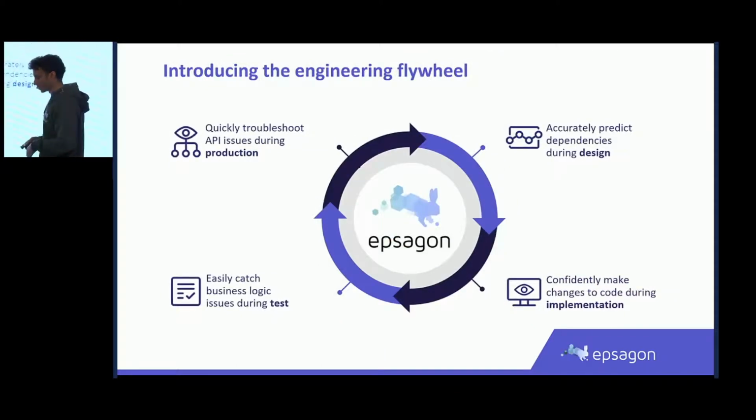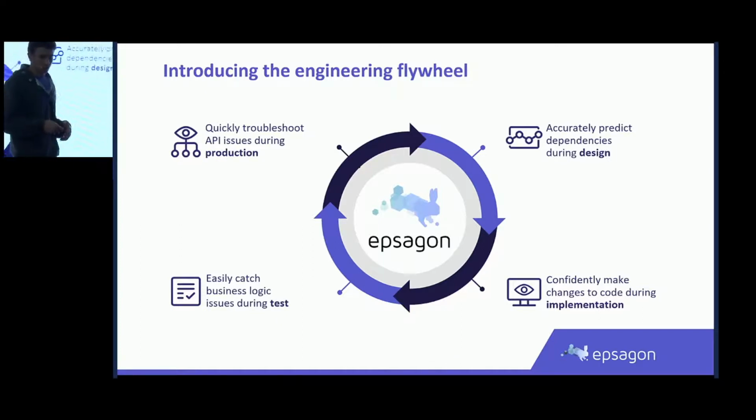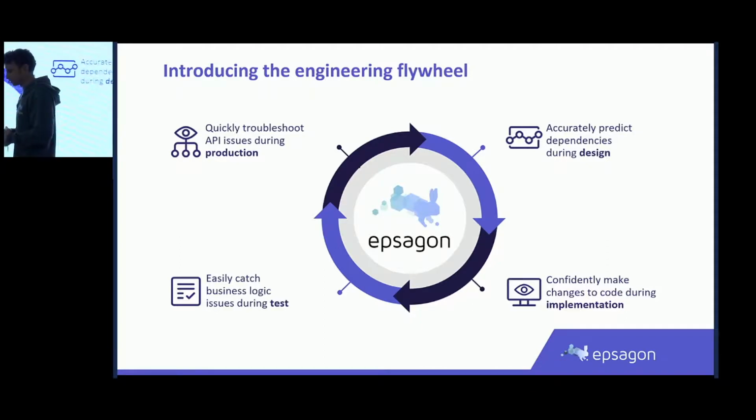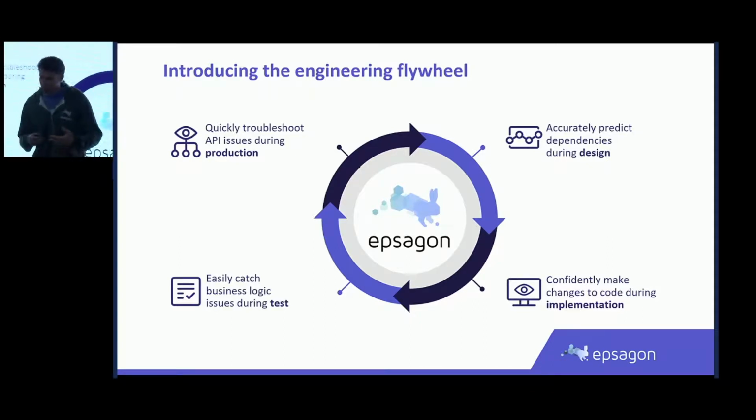Introducing the engineering flywheel. Even before we write code, at the technical design stage, we can anticipate outcomes because we understand how our system looks like from the inside. We understand the dependencies between different services. So we can use it even before we write code. We can use observability to design better systems.